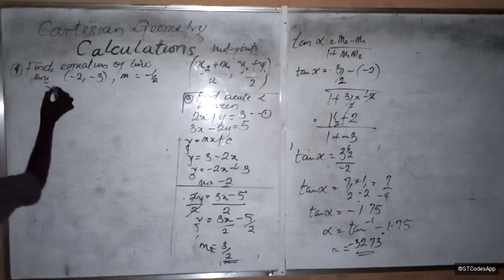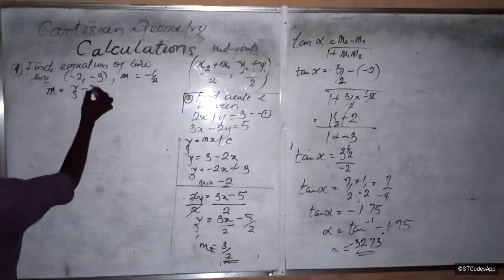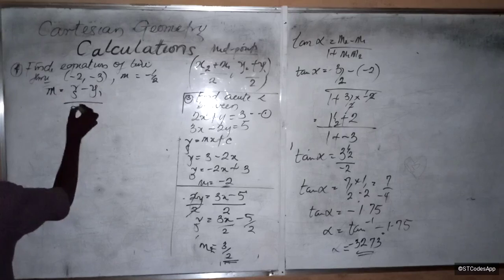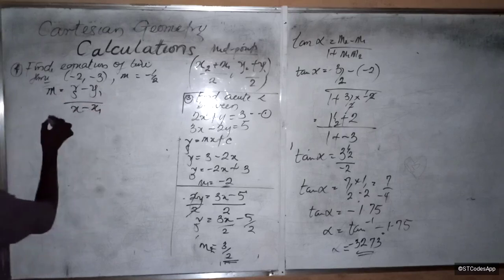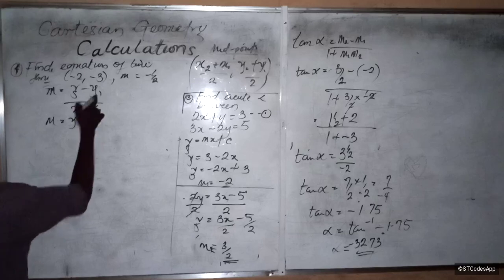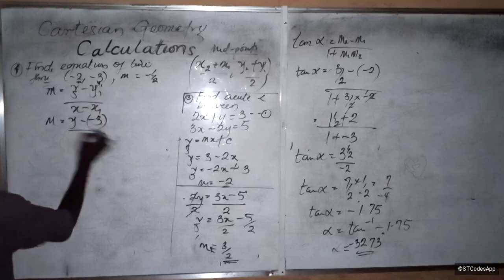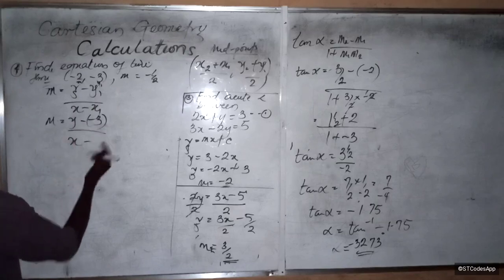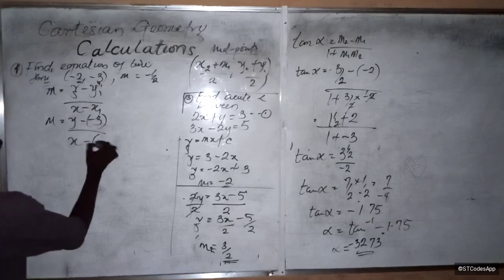I remember that we said gradient and 1 point method is going to be y minus y1, which is the 1 point, and a particular x value minus x1. What does this give us? M will be equal to y, which we don't know, minus y1 which is minus 3, over x, our particular x value that we don't know, minus x1 which is minus 2.